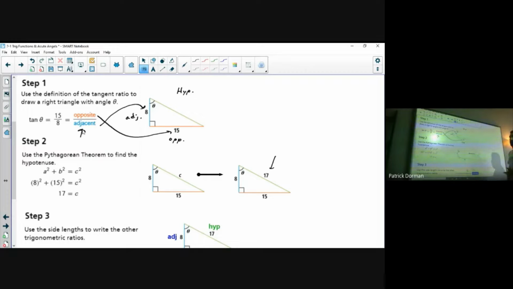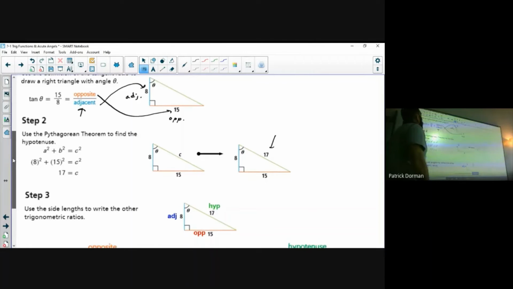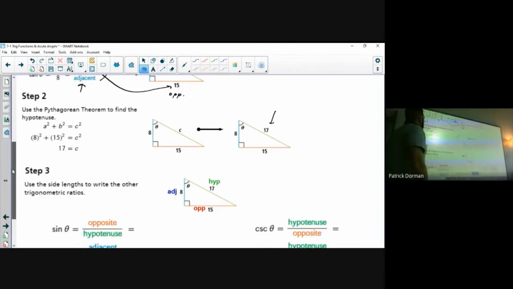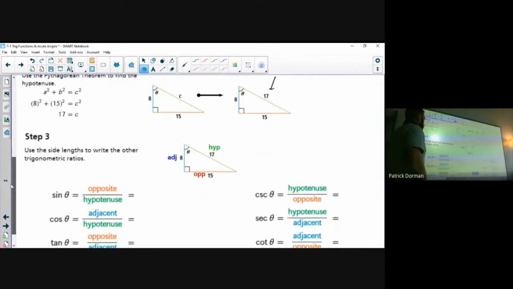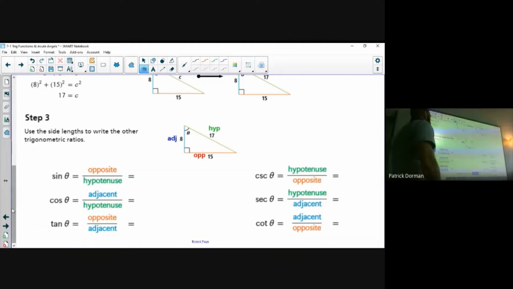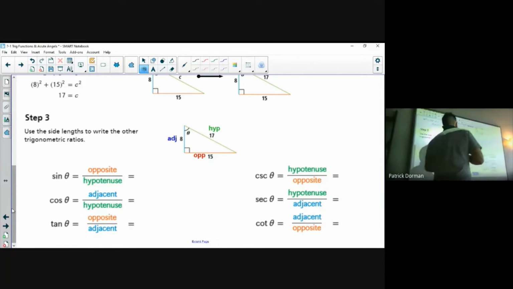And after that, we can do all of these 6 trigonometric ratios because they're just ratios of either your hypotenuse, adjacent, or opposite. So now that we know all of our different side lengths, we can come up with each of our trigonometric ratios, which we will do right now.